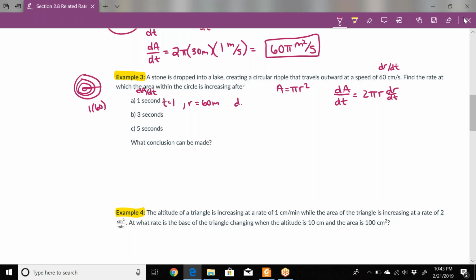So then that means that dA dt is going to be 2 times pi times 60, and that's, remember, centimeters, not meters, centimeters, and then this is also times the dr dt, which is 60 centimeters per second. So that first answer comes out as 60 times 60, which is 3,600 times 2, so that's 7,200 pi centimeters squared per second. So this is the answer to part A.